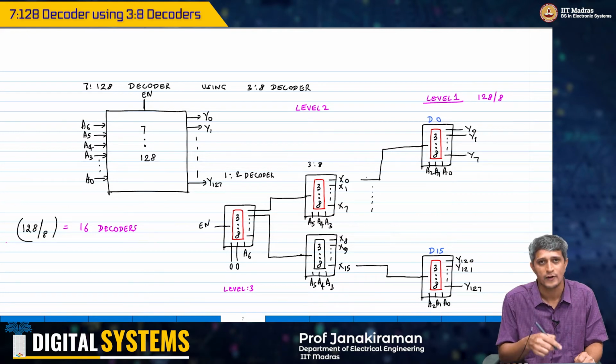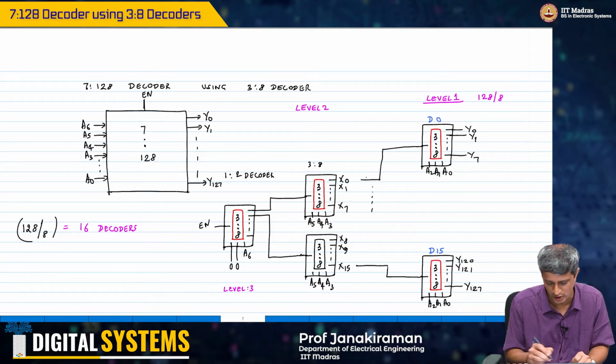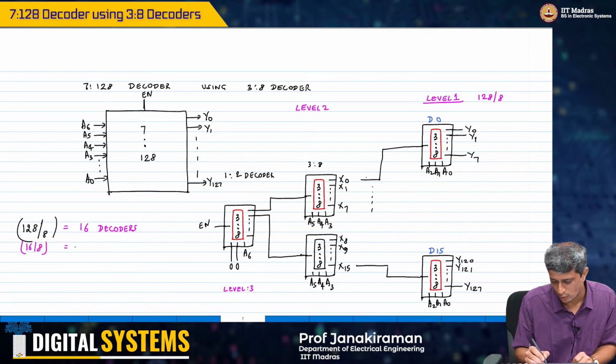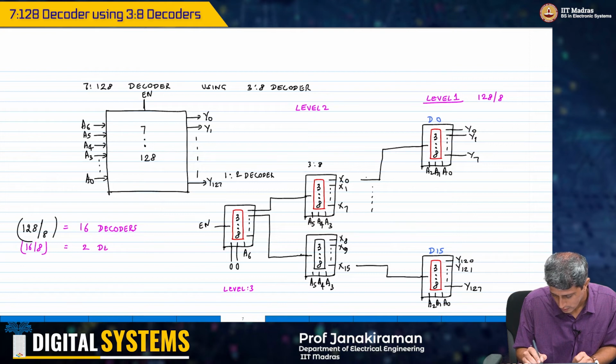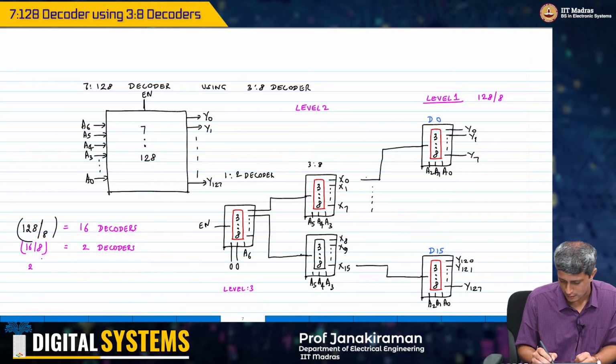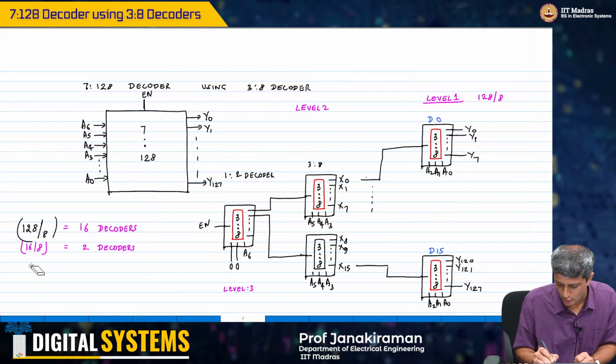So in level 2, when you implement it, as you see here, you need 16 by 8 equal to 2 decoders, and level 3 is basically the one decoder, so 2 is already implemented into it, so it's like this.